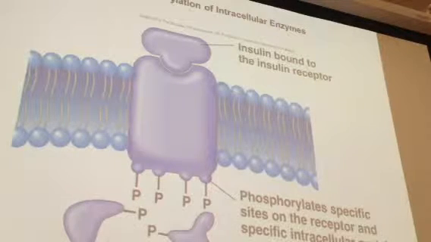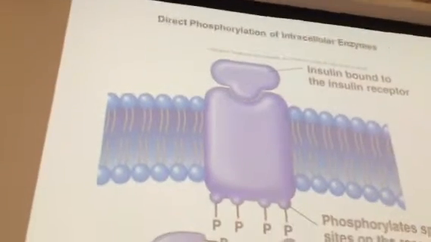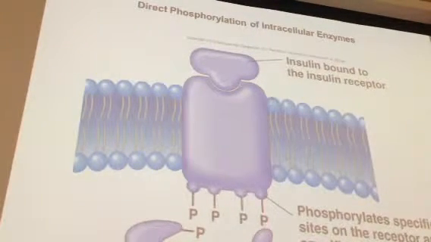Of activity that we have on the board is direct activation of an enzyme. What is this direct? Look at the top of the screen. Direct phosphorylation. So before, in the previous steps, we activated a protein kinase C or a protein kinase A, and that added phosphate groups.